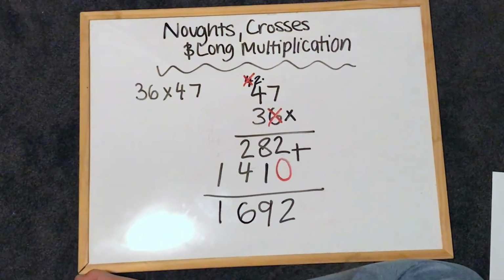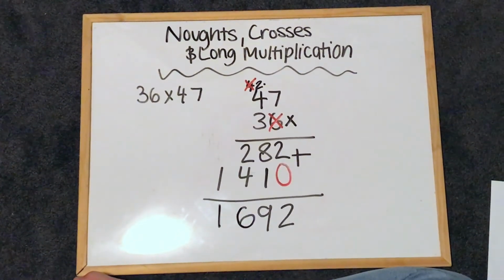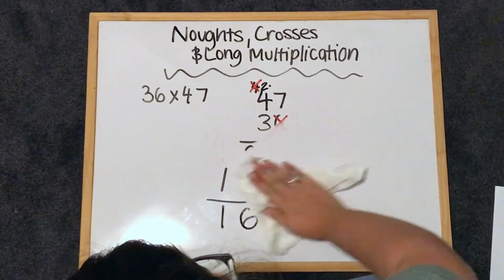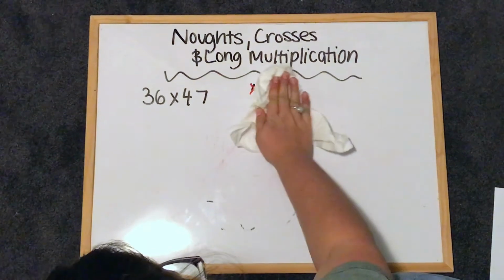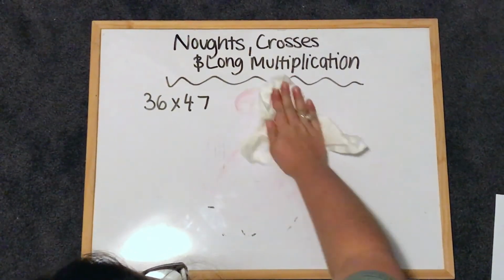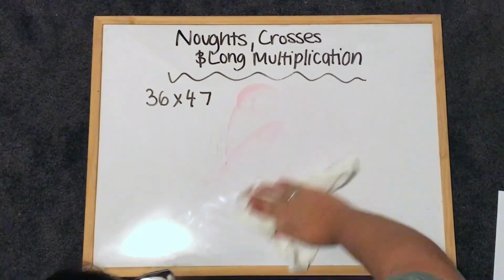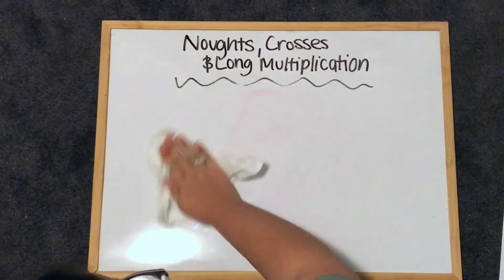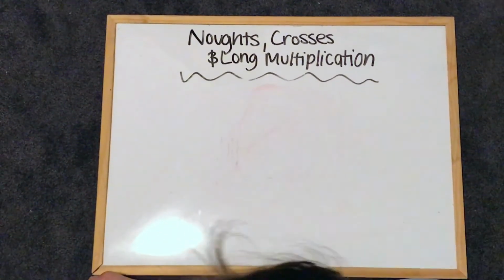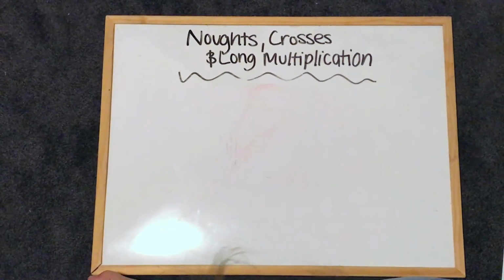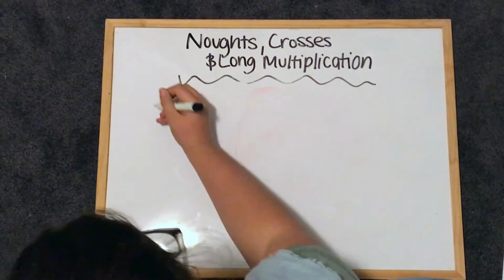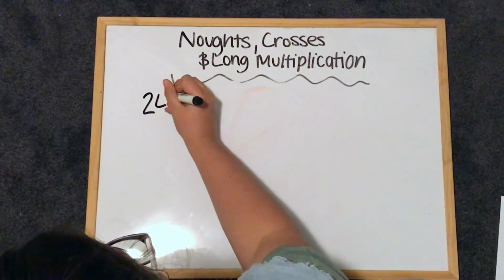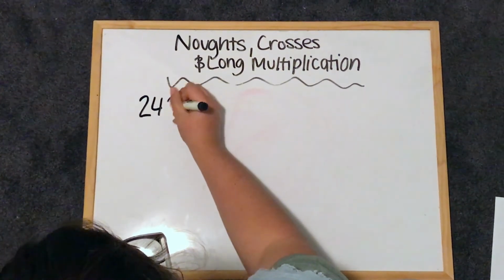Now how about we try a bit of a harder sum. Our next question will be 243 multiplied by 96.